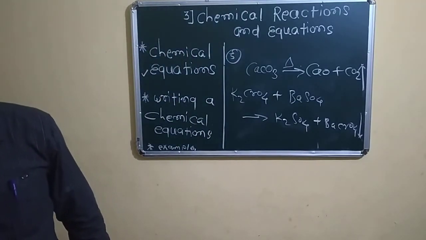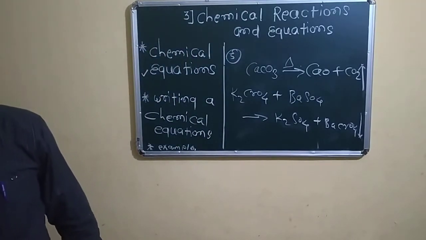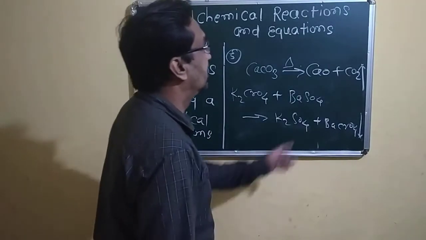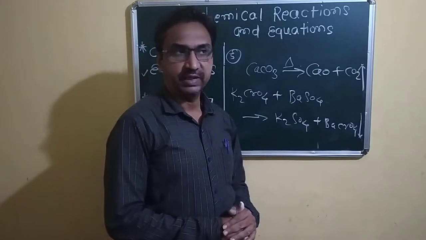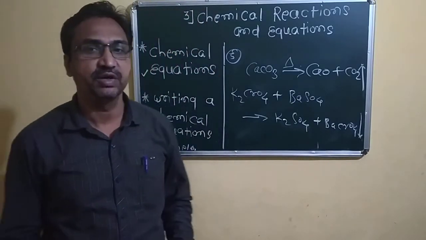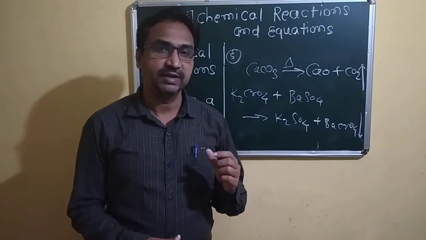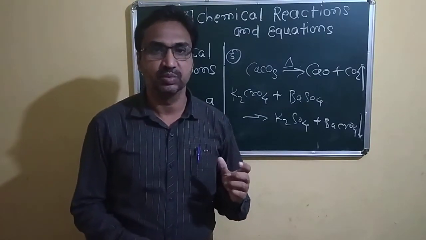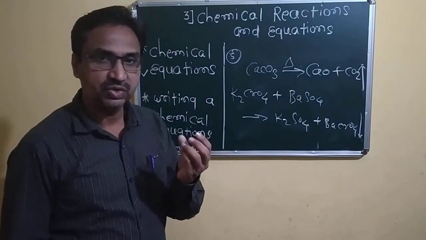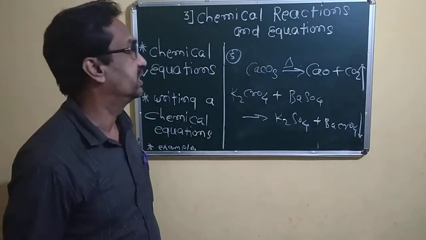So the upward direction indicates that the product we form is in the gaseous state, and the downward direction indicates a precipitate form, that is, the substance is not soluble in the aqueous solution, and minor solid particles are there.